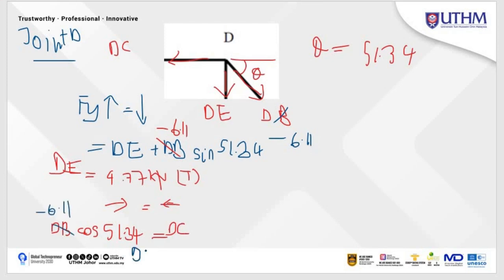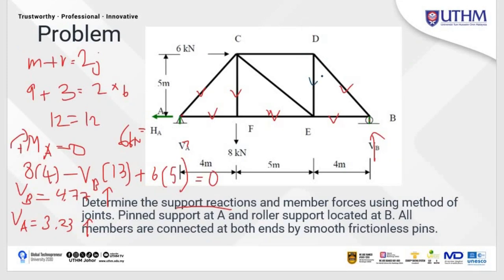Here we have DC is negative 3.812 kilonewton, in compression. So member DC is done. So we only have one member force left to find, which is CE.